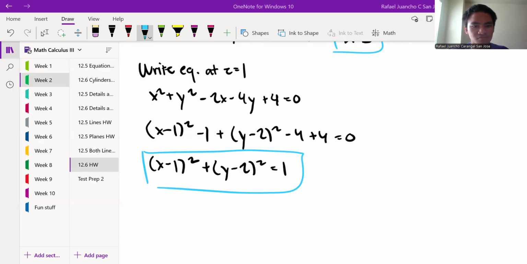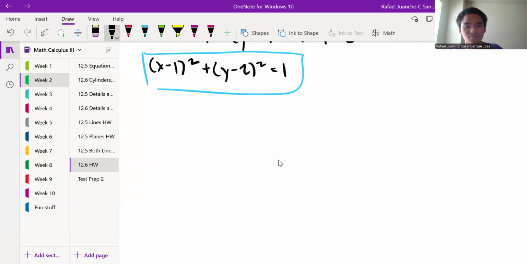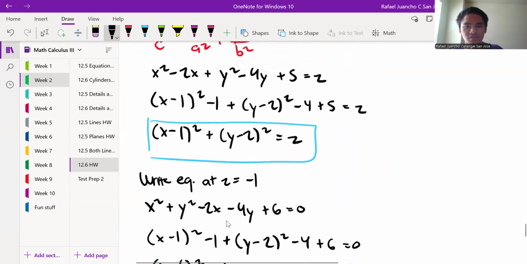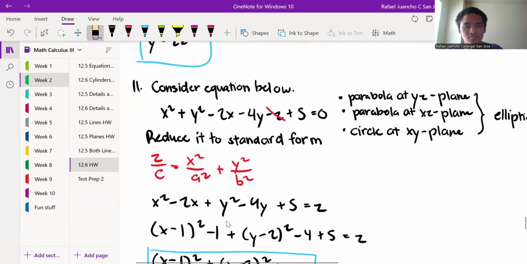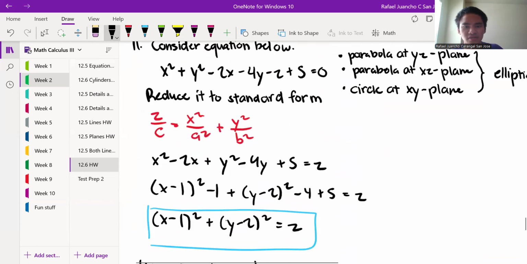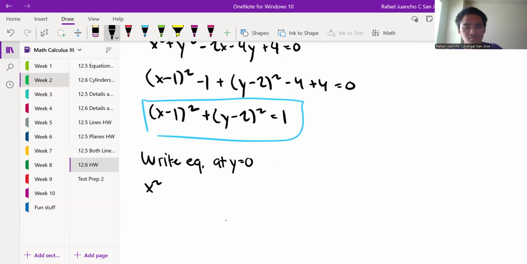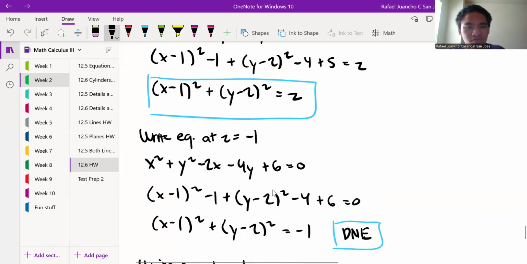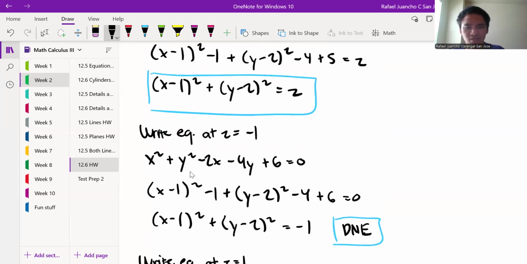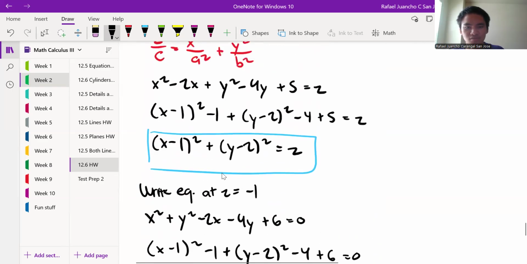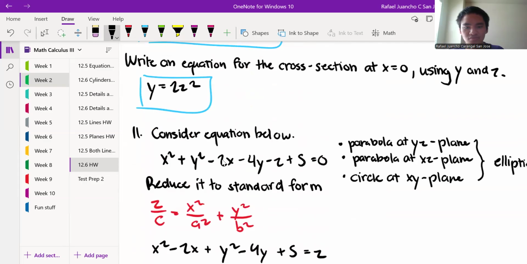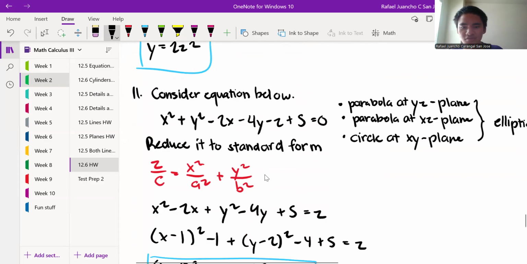Okay, next. Write it again at y is 0. So at y is 0, well, we just use that same formula here. So we have x squared minus 2x. I'm just going straight to the point here, taking out everything with y. x squared minus 2x minus z plus 5.